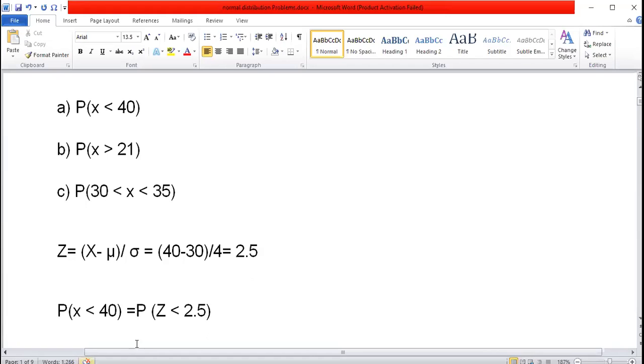So how do you find the probability that z is less than 2.5? From the chart. The normal distribution chart, right? So let's look at the chart. We have a table here in the appendix. Let me show you how to read this table.